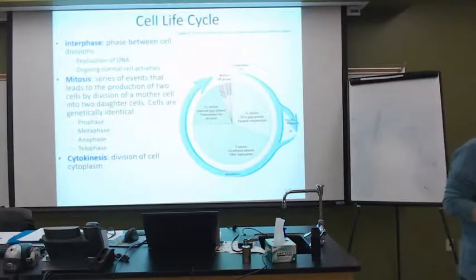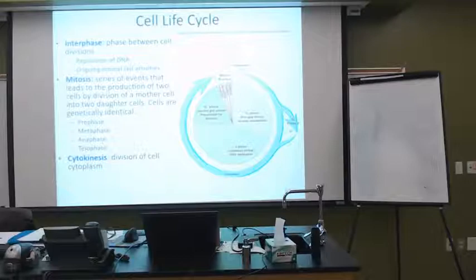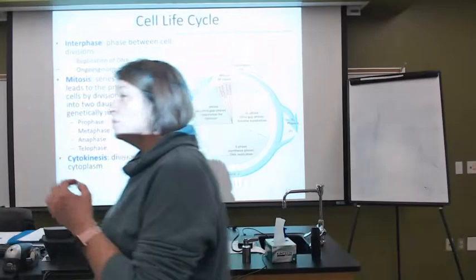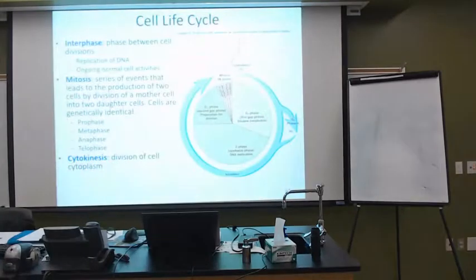These phases tell us something is happening to the chromosomes. All right? At each one of these, not only is it letting us know what is happening to these chromosomes, it is identifiable under a scope.